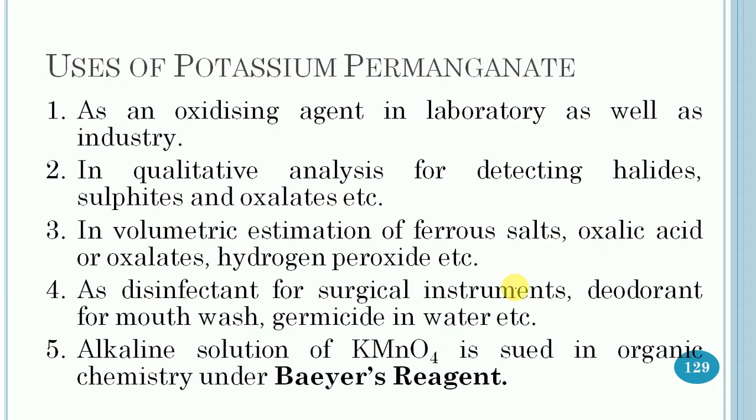Then uses of potassium permanganate. It is used as an oxidizing agent in the laboratory as well as in industry. In qualitative analysis, it is used for the detection of halide, sulfite and oxalate. In volumetric estimation, it is used for the estimation of ferrous salt, oxalic acid, oxalate, hydrogen peroxide.